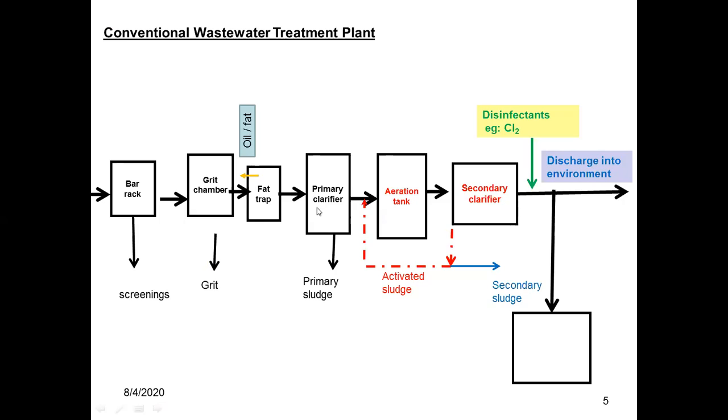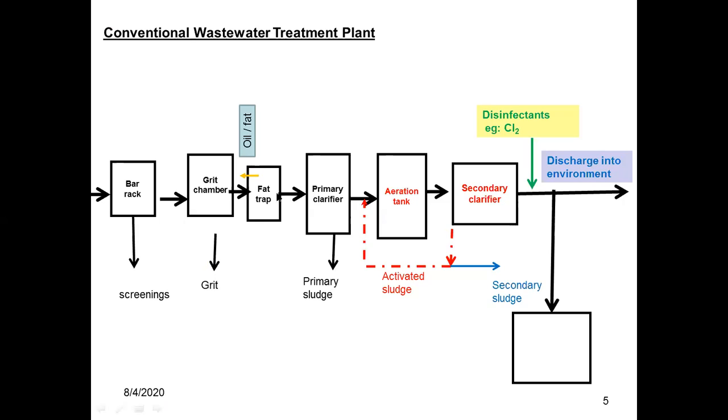The next unit operation is the primary sedimentation tank, or primary clarifier, because sedimentation is the main term we use for clarification. From the bottom of the clarifier, we can remove primary sludge.